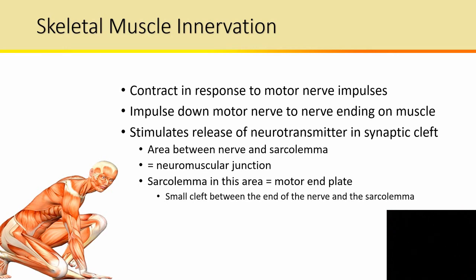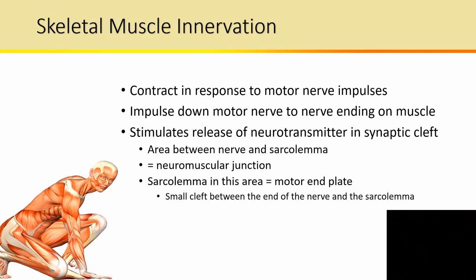So the impulse starts in the motor cortex, goes down through the spinal cord, out through a specific spinal nerve, and finally gets to the end of a muscle into what we call the motor end plate. This motor end plate is that point where the nerve will finally contact a particular skeletal muscle.